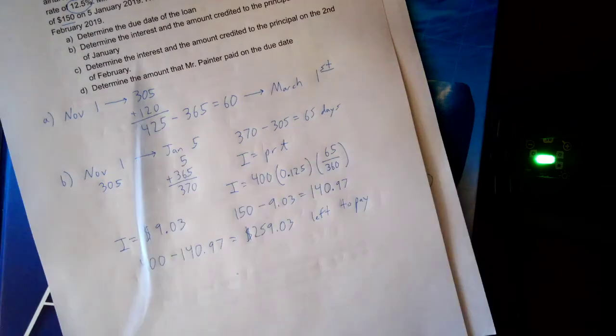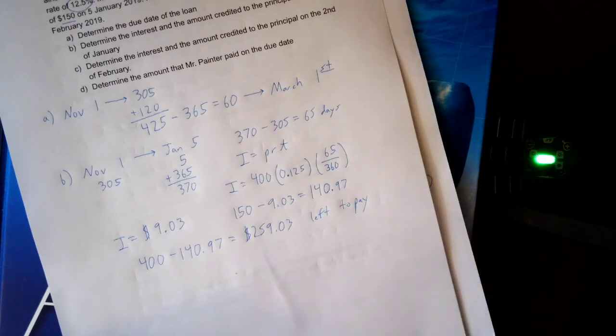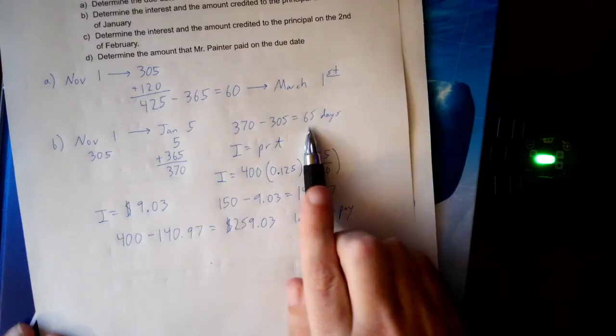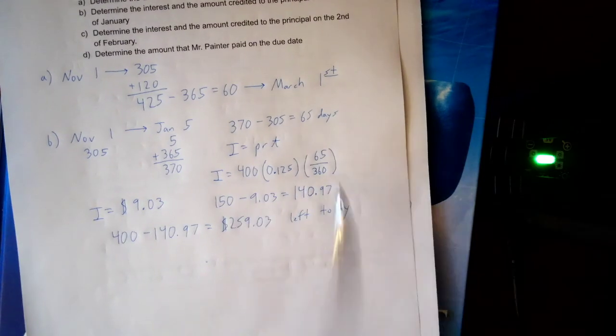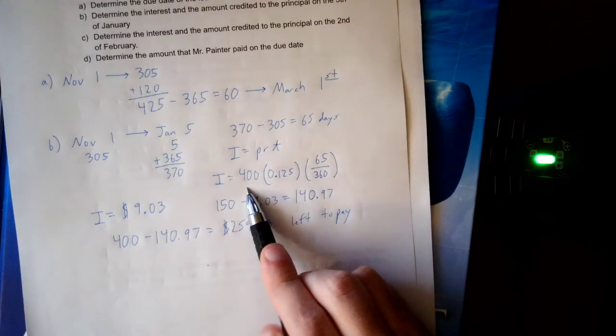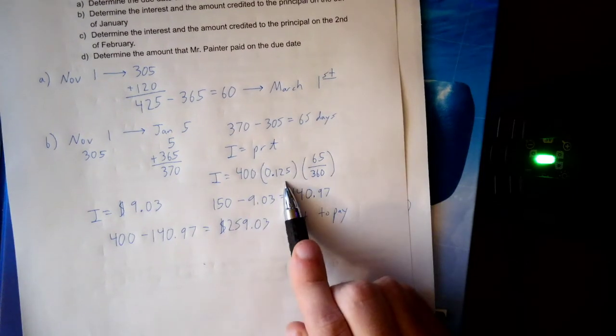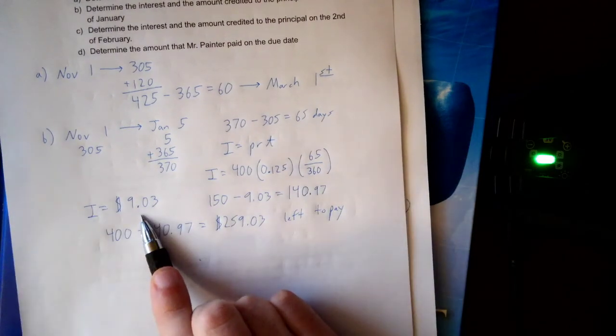So that was part B. I figured out what was going on the 5th. On the 5th of January, 65 days have elapsed for my loan. 65 out of 360 gave me the time. My principal was the whole amount, $400. My interest rate was 0.125, which told me that on January 5th I'd accrued around $9 of interest.